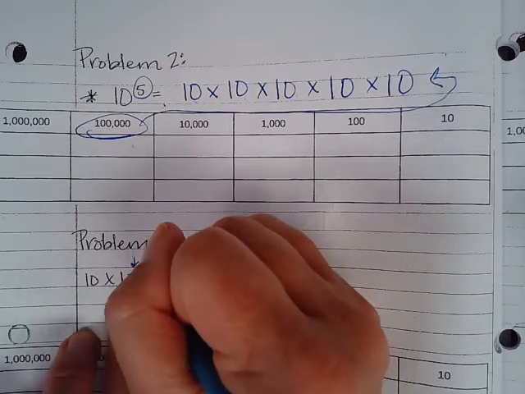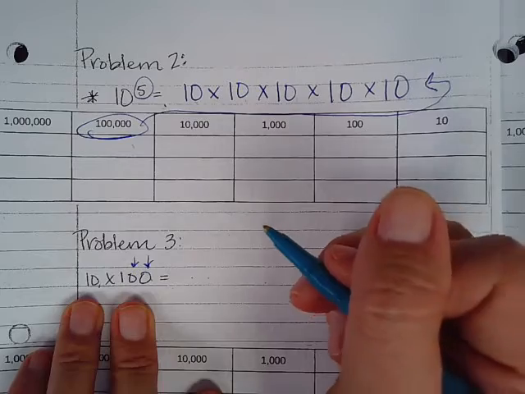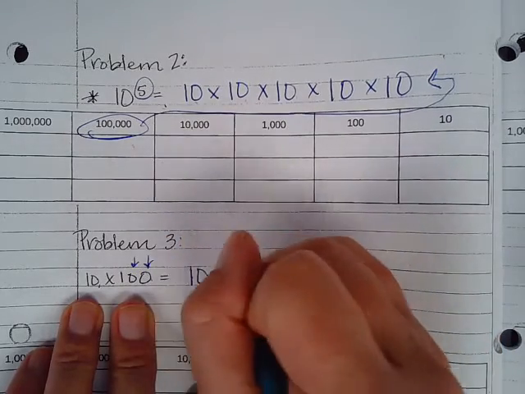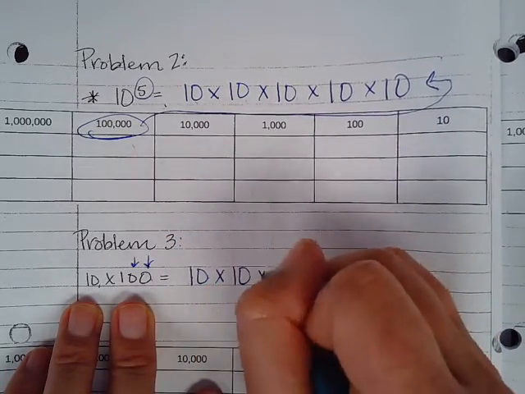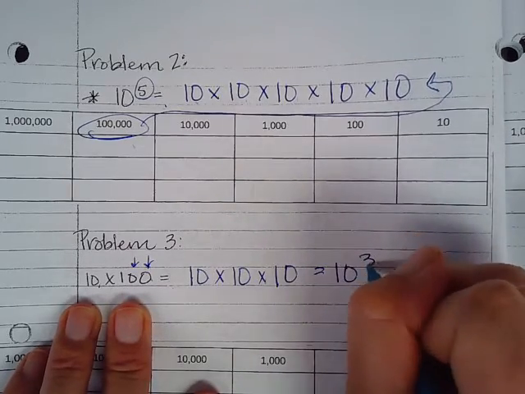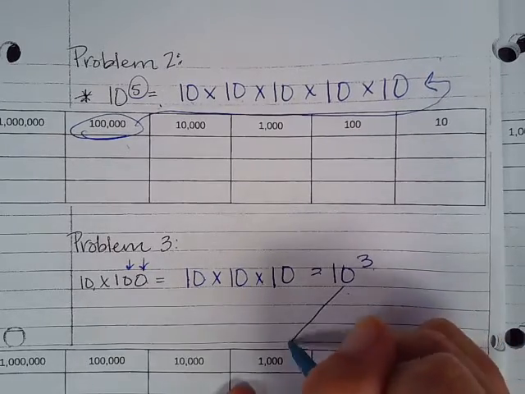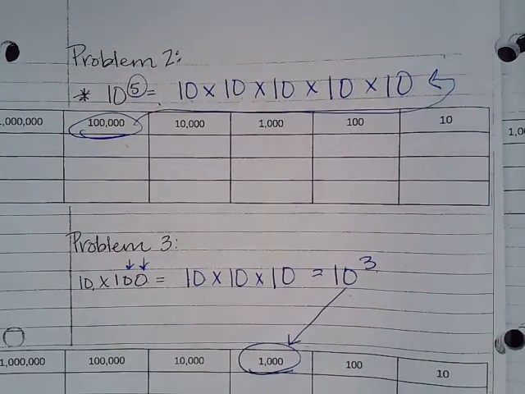So this is 10 to the second, and we're multiplying by another 10. So this could be 10 times 10 times 10, or also 10 to the third, and 10 to the third is equal to 1,000.